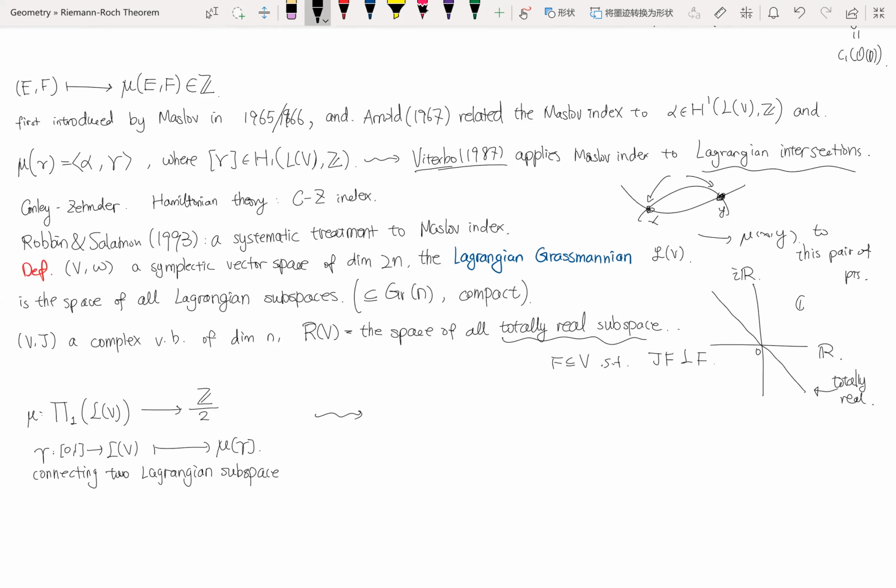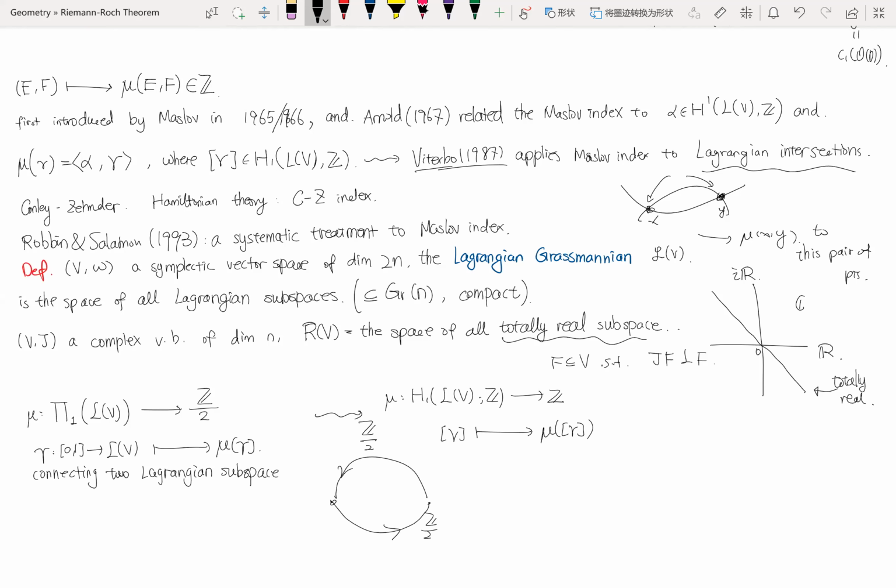So when we are considering loops, we obtain a map from H1 of LV with values in Z, the integers. A loop gamma maps to mu(gamma), because if we pick two points, the first path connecting this point to that point gives a half integer, and then we go back and get another half integer.